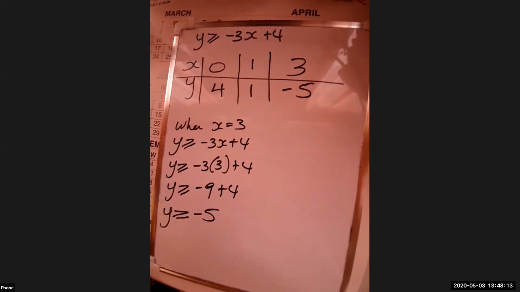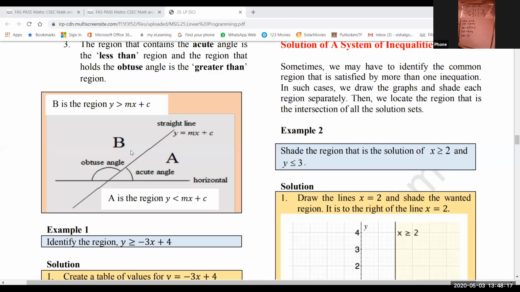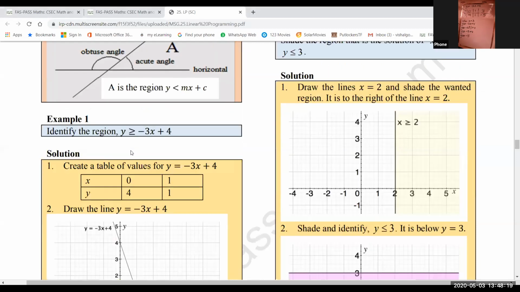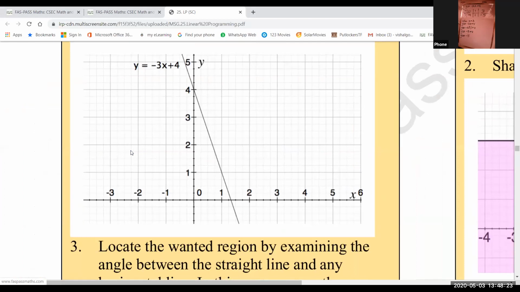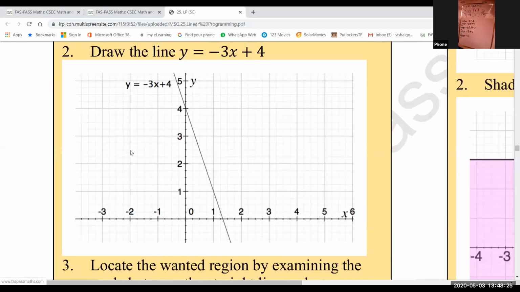So let's see now the handout. Now, to save time, we will not be drawing anything, although you should practice, but as you all know, you are writing a multiple choice exam, so you don't have to draw any graphs. So the point 0 on the x-axis and 4 on the y-axis will be represented right here.